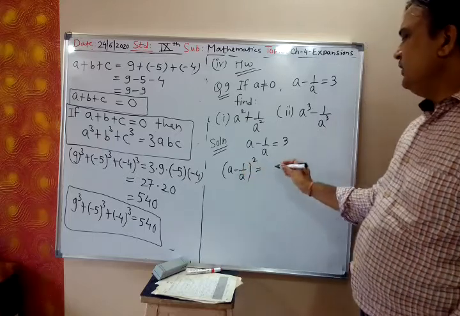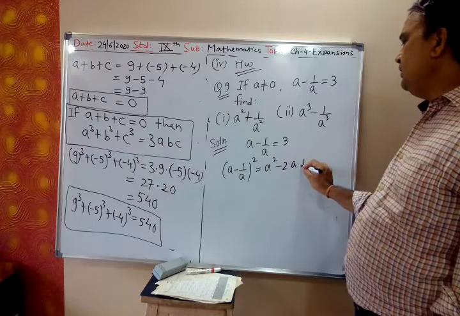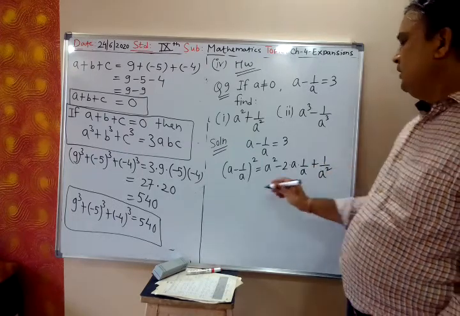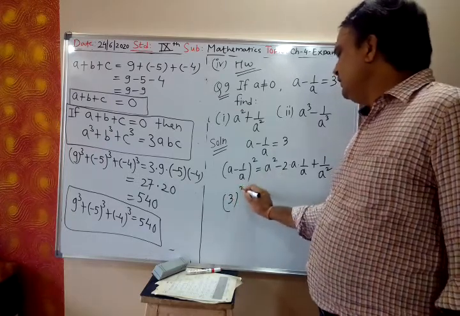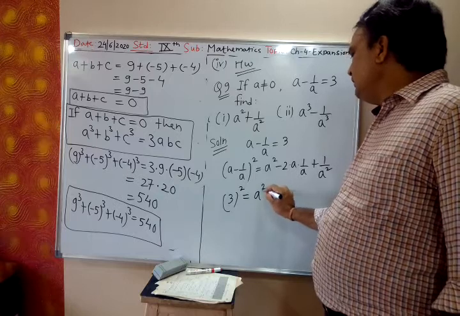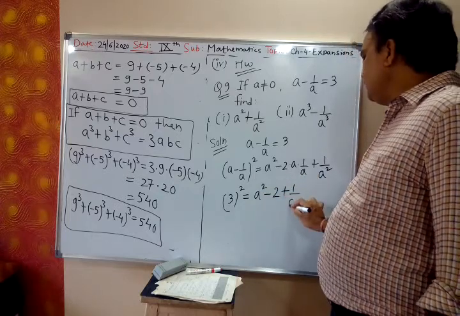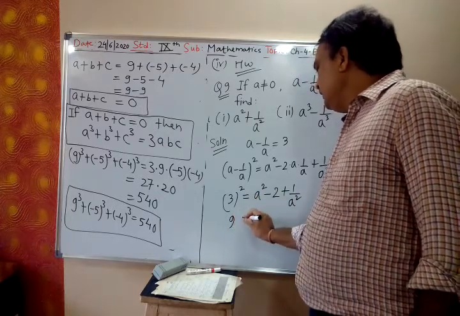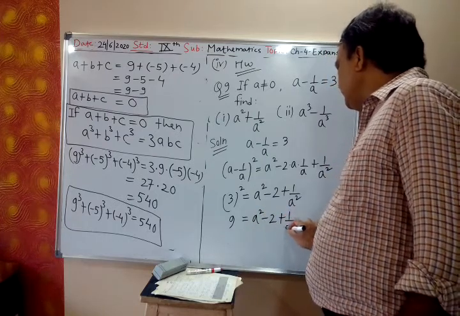A minus B whole square is A square minus 2 into A into 1 upon A plus 1 upon A square. Now A minus 1 upon A, this value is 3. So 3 square is equal to A square minus 2 plus 1 upon A square, the A cancelled. 3 square is 9, equal to A square minus 2 plus 1 upon A square.